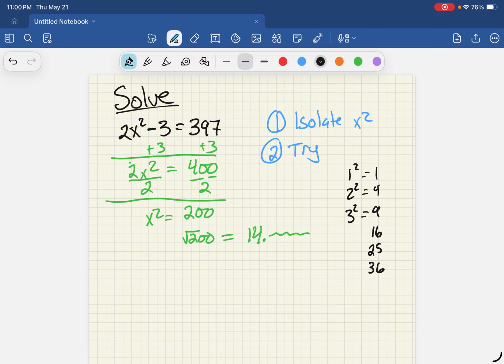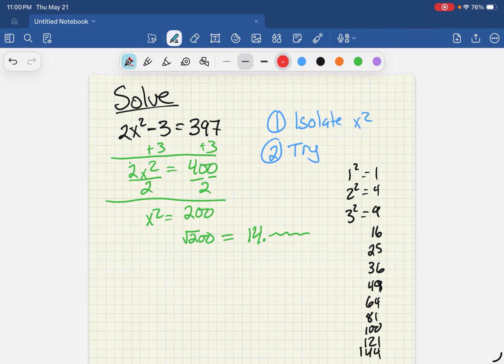We don't care about those numbers. What we care about are the numbers to the right. Okay, so here's the first 12 numbers to the second power.